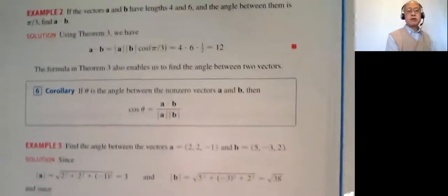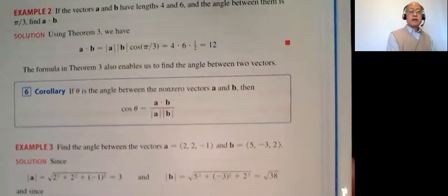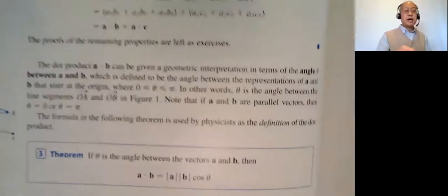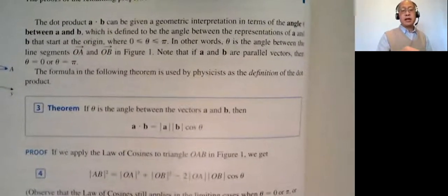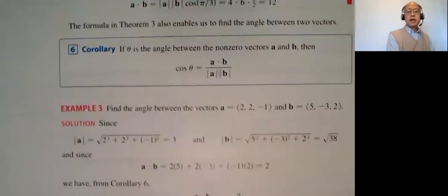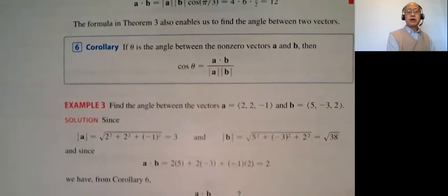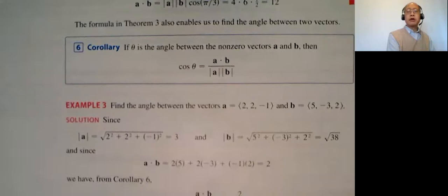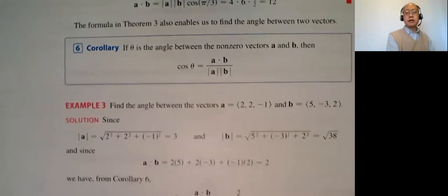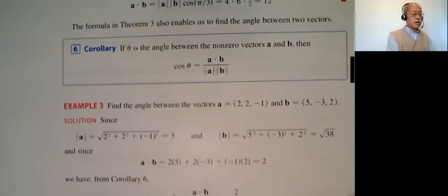And this is the one I would suggest you put on your formula sheet on page 809. Box 6 is exactly the same as box 3, except they isolated the cosine of theta. So cosine theta is A dot B over norm A, norm B. Again, norm, N-O-R-M for magnitude or length, but it's easier sometimes just to say norm.